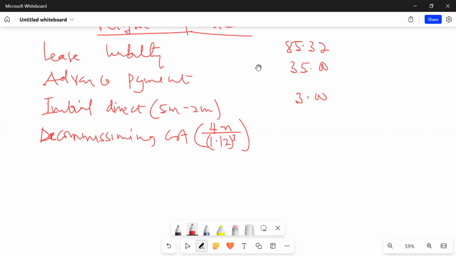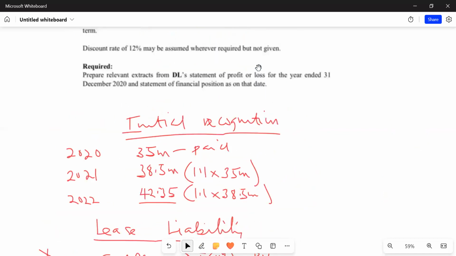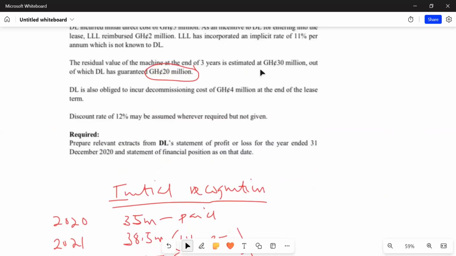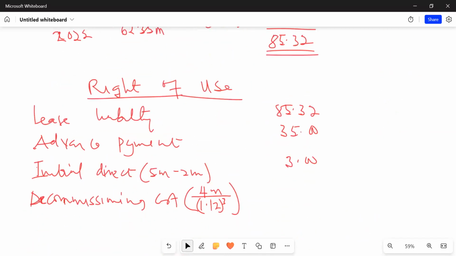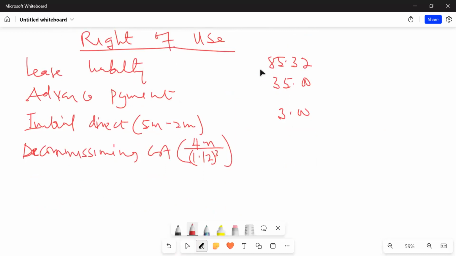Okay, so how do we get the 1.12? That is the discount rate. The discount rate that we are going to use is the 12%. So we use the 12% to present value the 4 million. So what are we going to get?